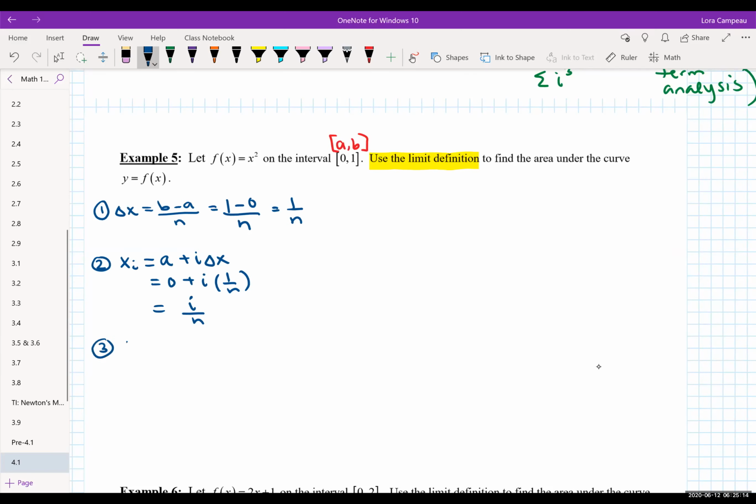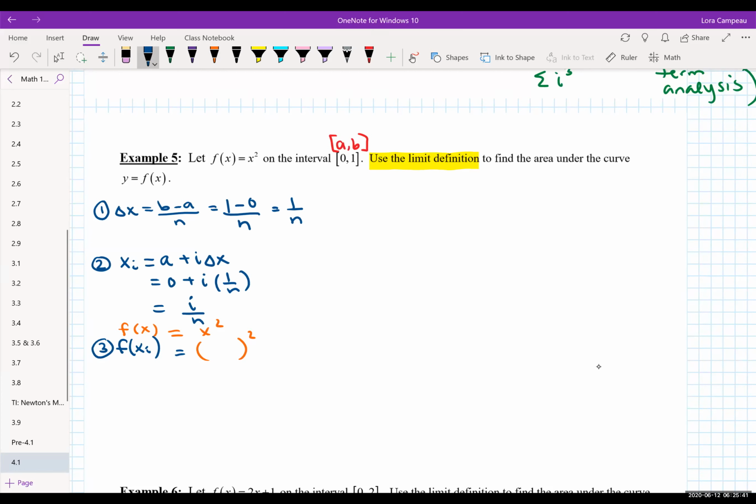Now we're going to look at function notation and compute what f of x of i is. In our case, f of x is x squared. So function notation tells us that we would be squaring whatever x of i is. Well, what did we calculate for x of i?